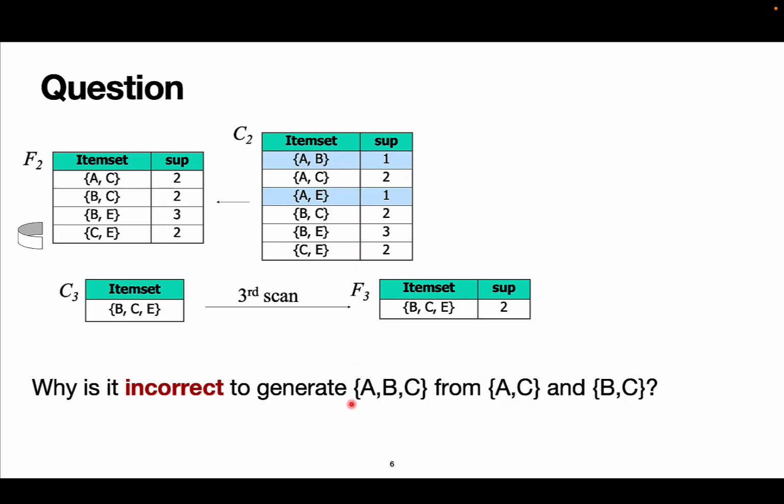AB is a subset of ABC, which means given the downward closure property, if a subset of a bigger set S is infrequent, that means the bigger set is infrequent. That's why we don't even need to look at anything that does not share a prefix.